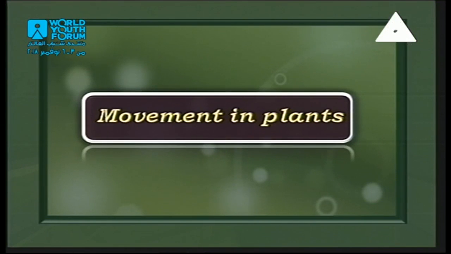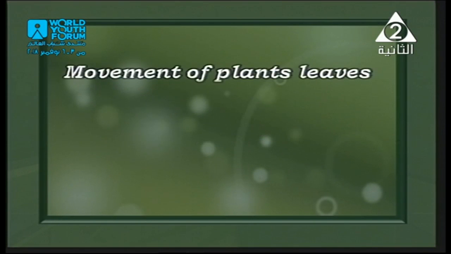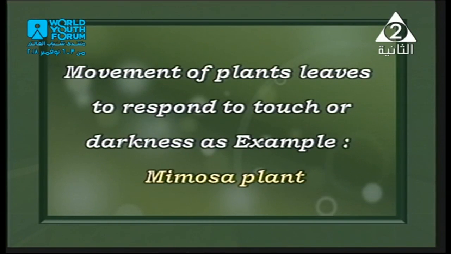Movement in plants. Actually, as we observe, one example is the moving of plant leaves, like the mimosa plant that responds to touch, darkness, high and low salinity, and so on. This is called movement of plant leaves, to respond to touch or darkness.